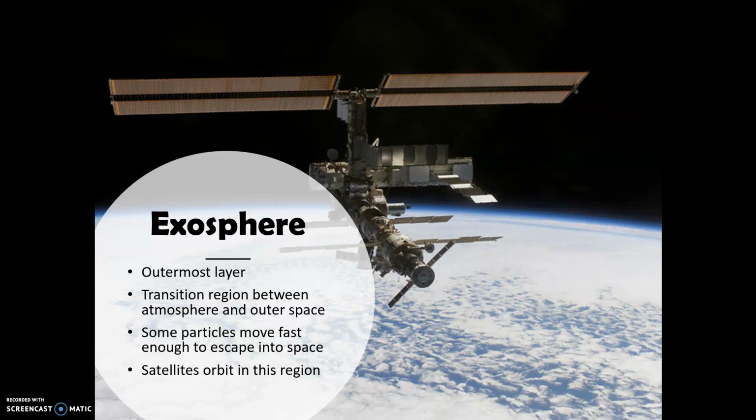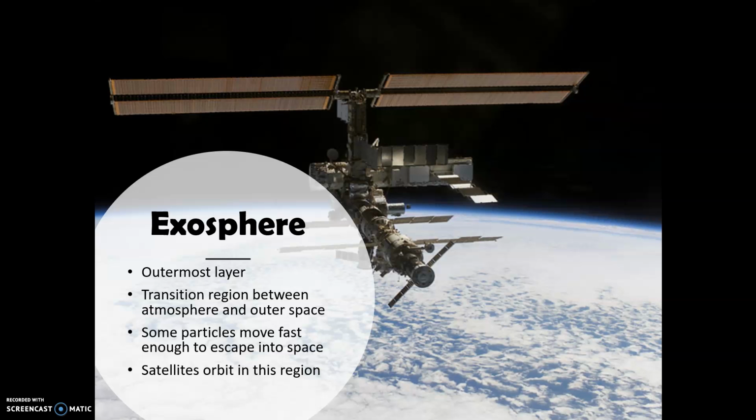Now, it's far enough away from Earth where Earth's gravity isn't holding on to the particles well enough to stop them from actually being able to escape into space. And that's why it's sort of a blended area.